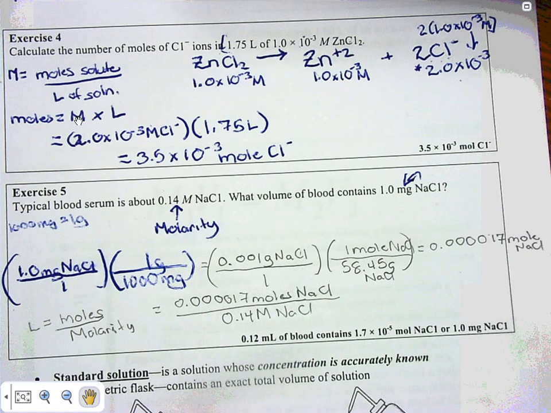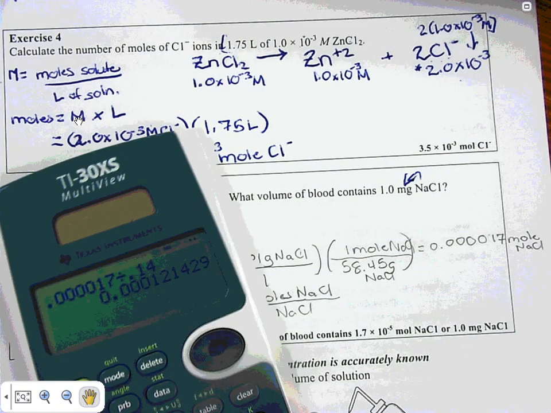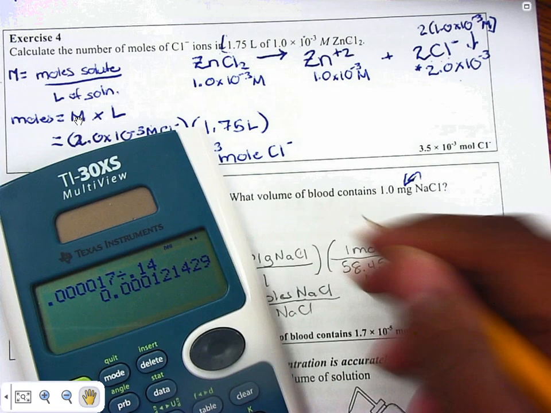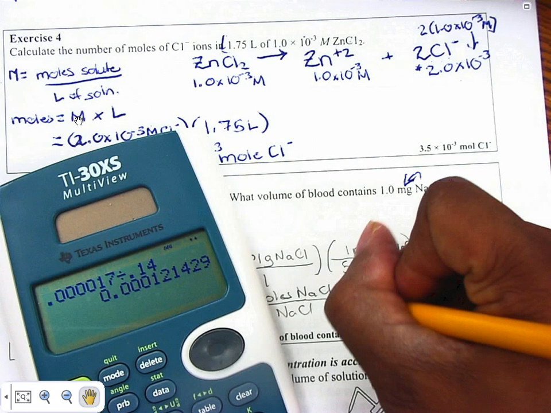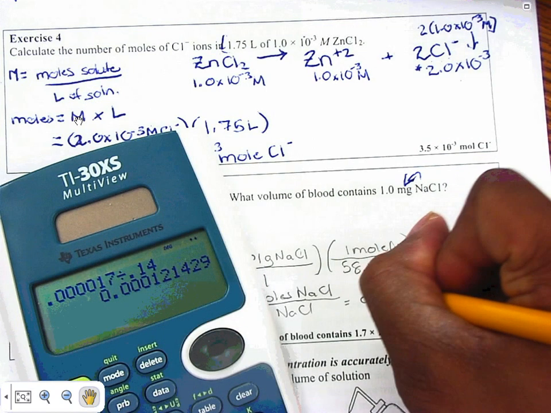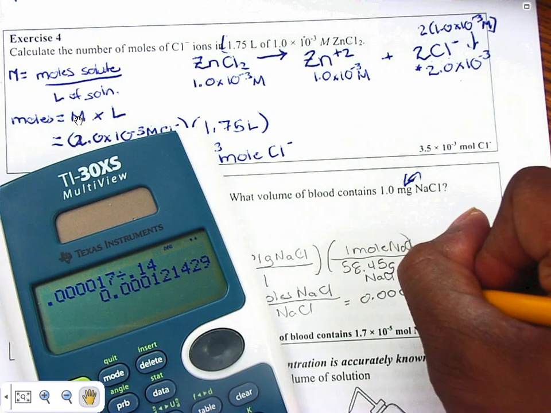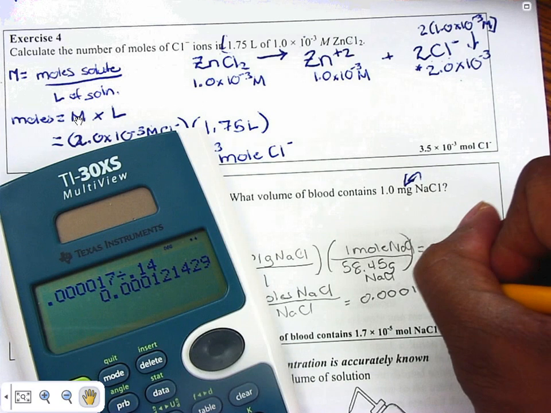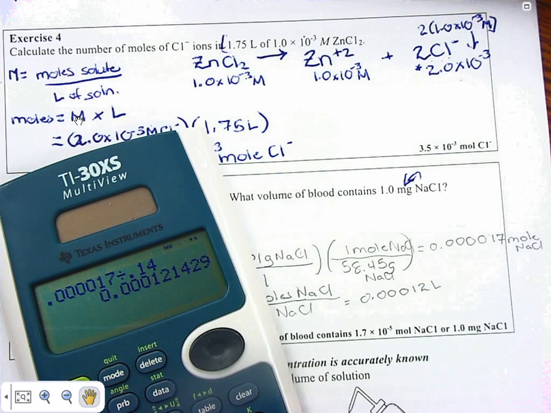Alright, the number I get is something like this, which is equal to 0.00012, and that's my liters of solution.